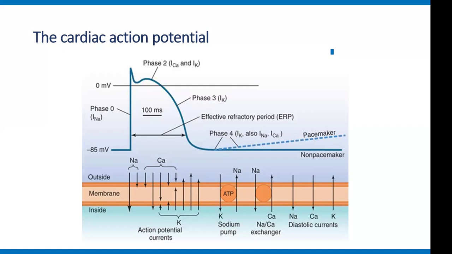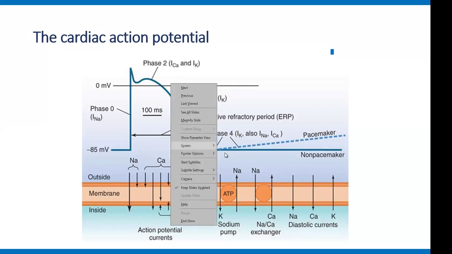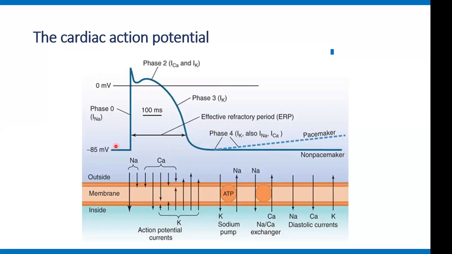So if we look at, let me use the pointer. So if we look at this part, this is the resting membrane potential, and that is -85. But once the sodium channels open, what they do is that they allow sodium to come into the cell, and they get activated at a certain membrane potential.